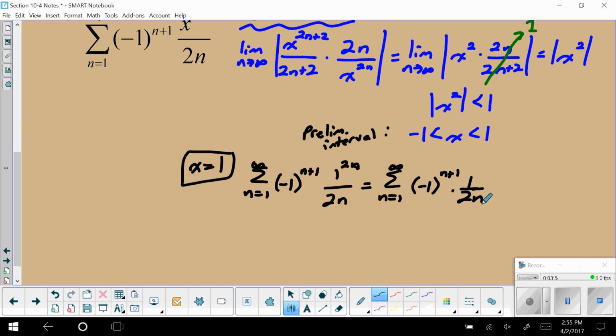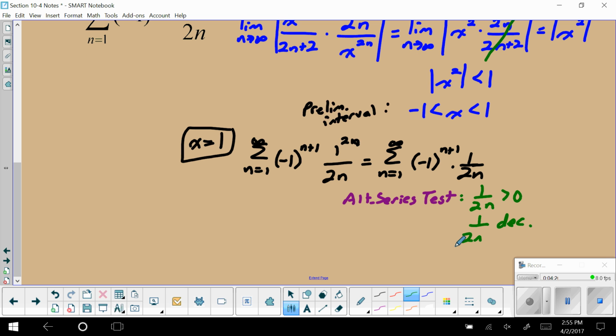There are several ways I could do this one. I could do the alternating series test, because it is an alternating one. It is alternating, 1 over 2n is always positive, and 1 over 2n is decreasing.